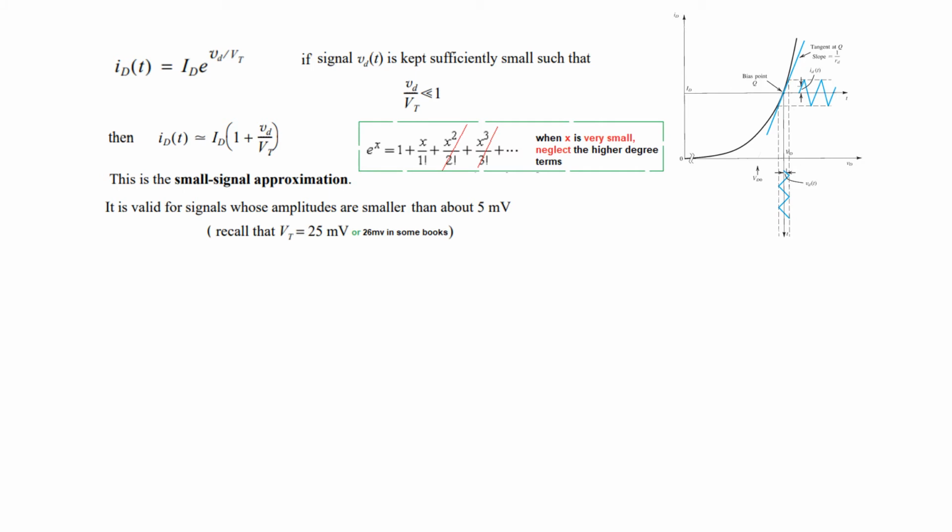Also, as I had mentioned earlier, VT is the thermal voltage, or voltage due to temperature, and this is 25 millivolt, or 26 millivolt in some books. So this is fixed.